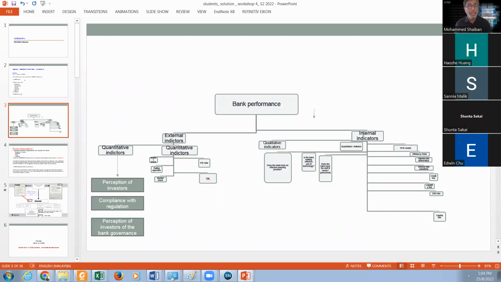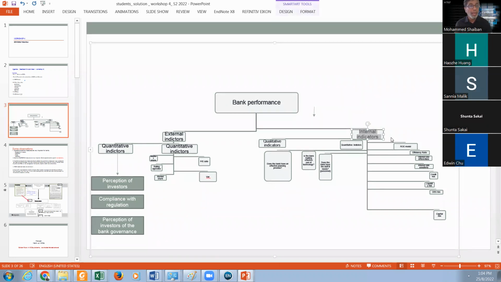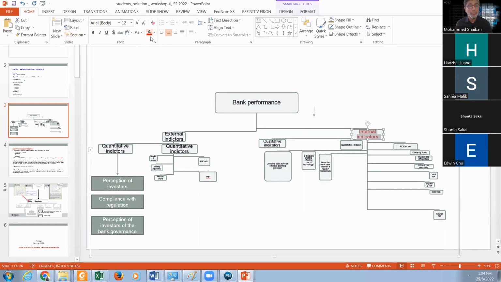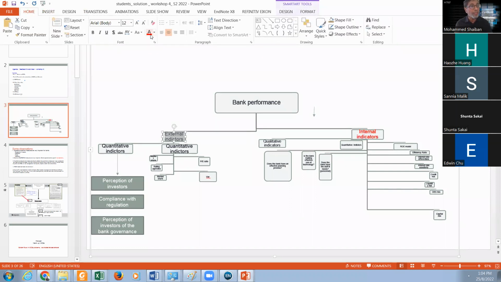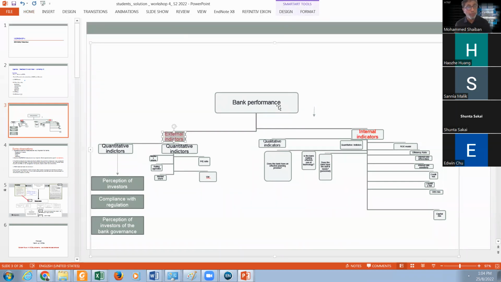So we have internal indicators and we have external indicators. And when we say internal, this is the summary of the whole bank performance framework. In the internal indicators, we have the qualitative one and the quantitative one.